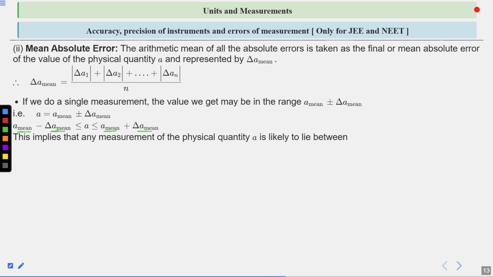This representation implies that any measurement of the physical quantity A is likely to lie in this range, from here to here, between A mean minus ΔA mean and A mean plus ΔA mean. Clear?